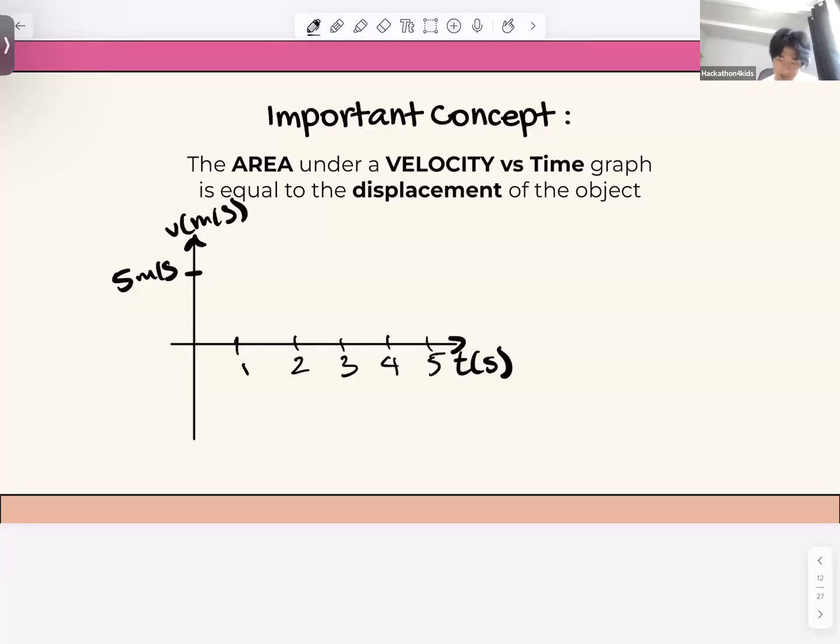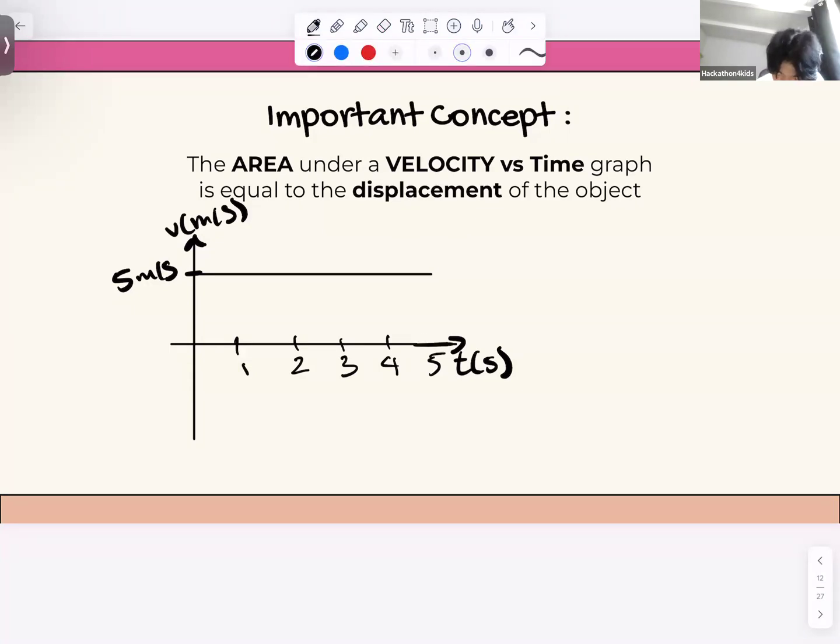Let's just say the object is going at a constant 5 meters per second, so it will just be a straight line. So the area under this line all the way to the x-axis would be equal to the displacement of the object. So let's find the area then, ending at 5 seconds.